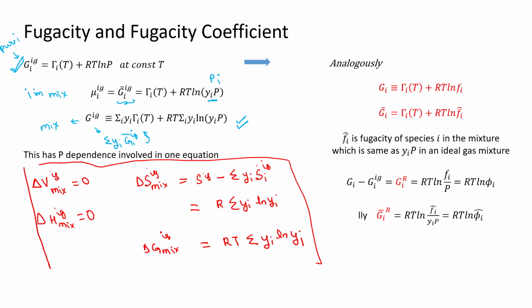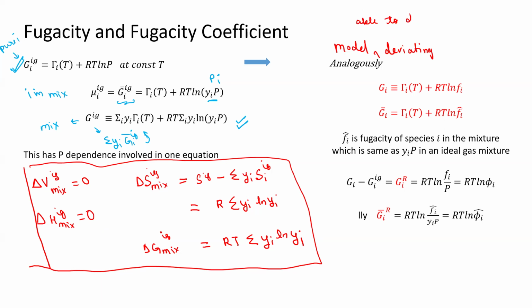Now coming to the analogous thing, the model which is able to describe deviating from ideality.